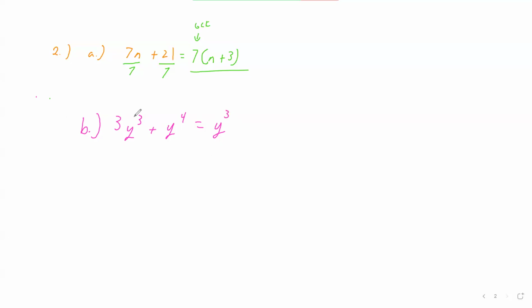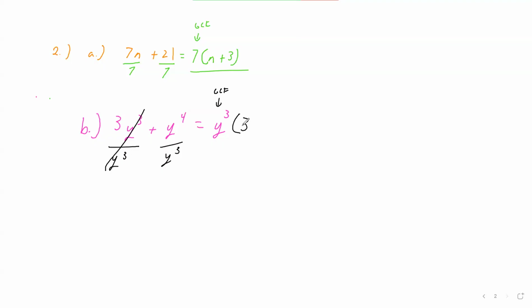So now that we've determined my greatest common factor, to figure out what goes in the parentheses, I'm now going to divide each term by that greatest common factor. So in this situation, what is 3y cubed divided by y cubed? This would cancel, so it'd be just 3.